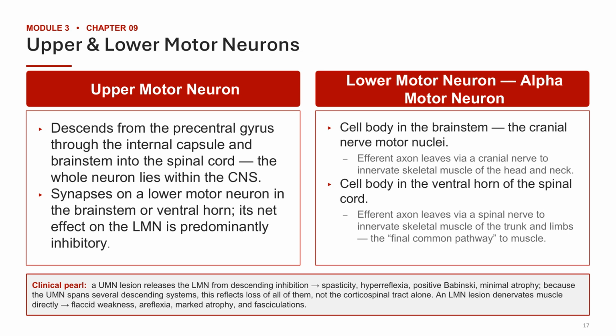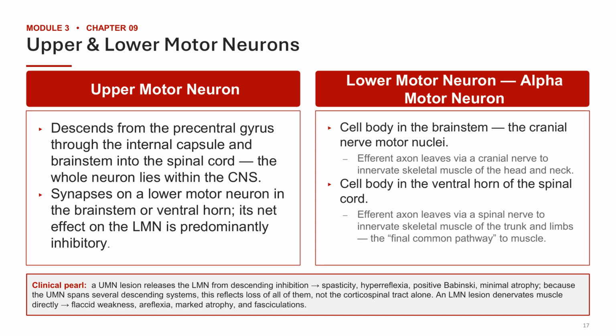Now both neurons on one slide so you can see the handoff. The upper motor neuron descends from the precentral gyrus through the internal capsule and brainstem into the spinal cord. The whole neuron lies within the central nervous system. The lower motor neuron, the alpha motor neuron, comes in two varieties by location.